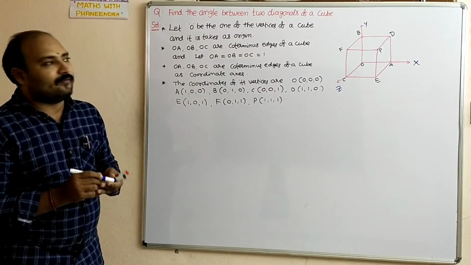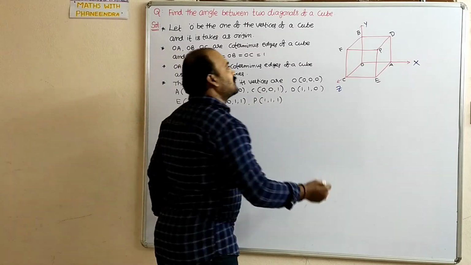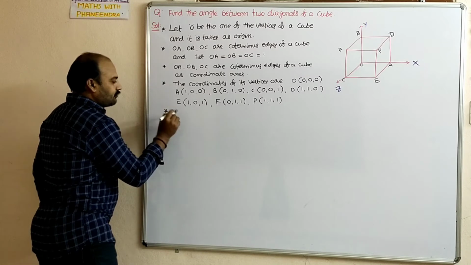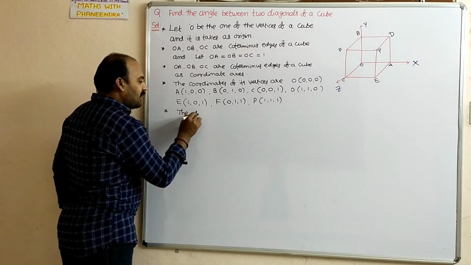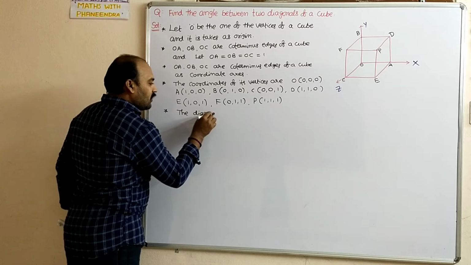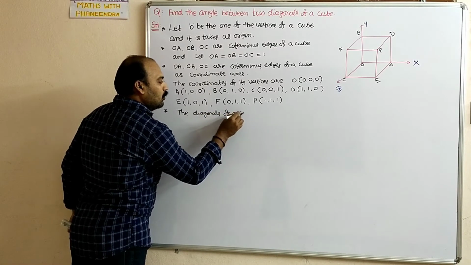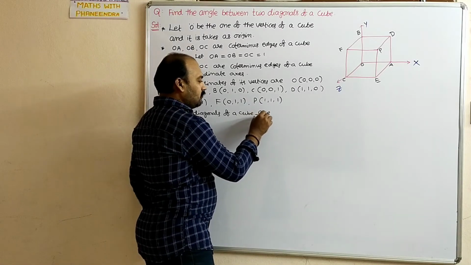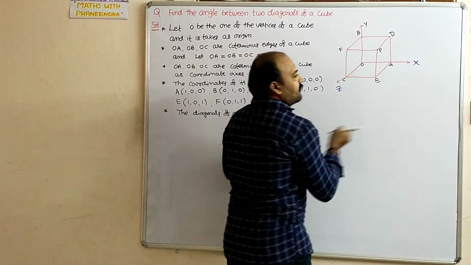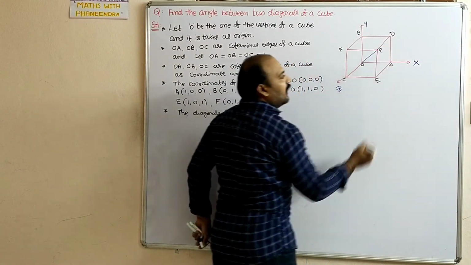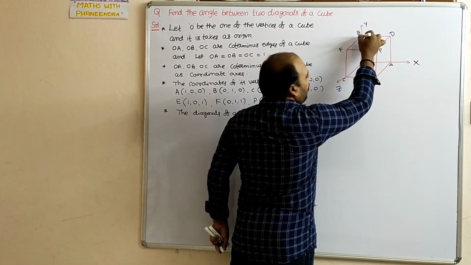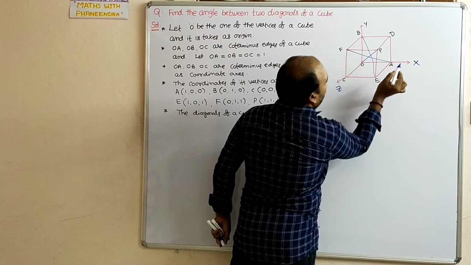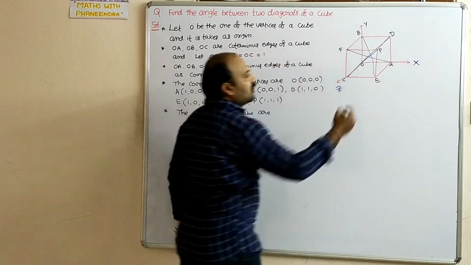After that we decide where the diagonals are. The diagonals of a cube I am mentioning with blue pen. First one, OP, is one diagonal. Next, BE is another diagonal, and AF is another diagonal. CD is also another diagonal.